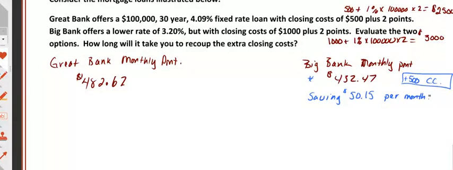How long is it going to take that $50.15 difference to make up for the extra $500 I had to pay in closing costs? So I'm going to take the $500 and divide it by 50.15.